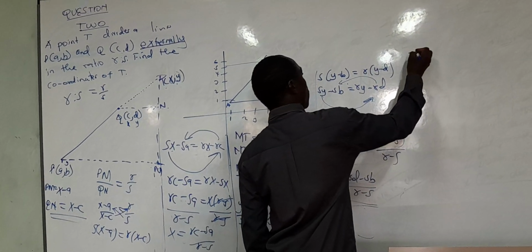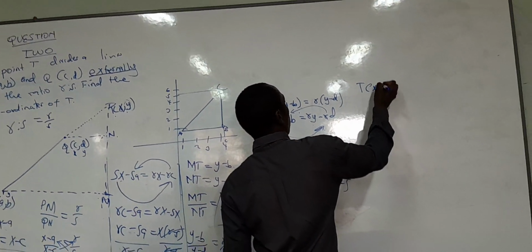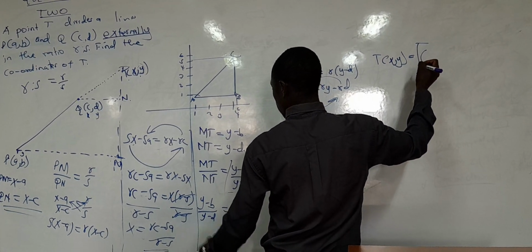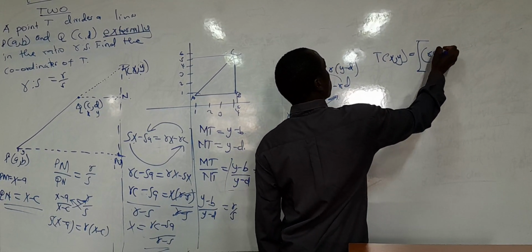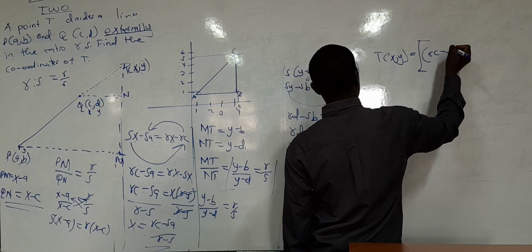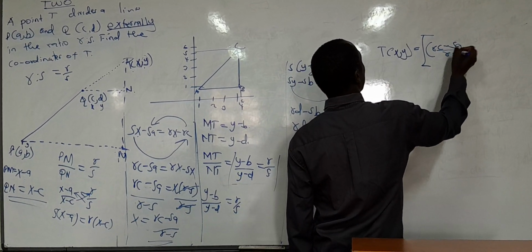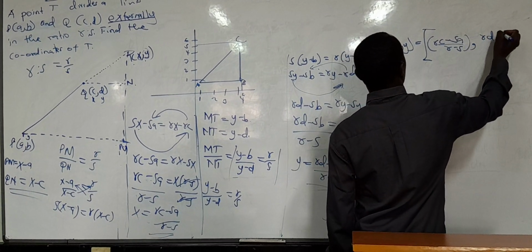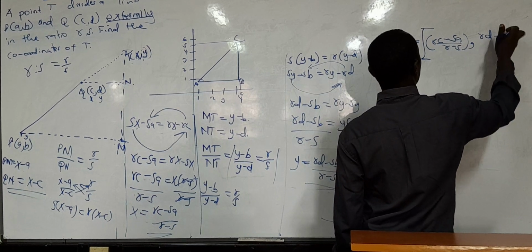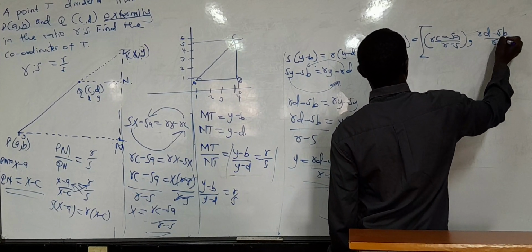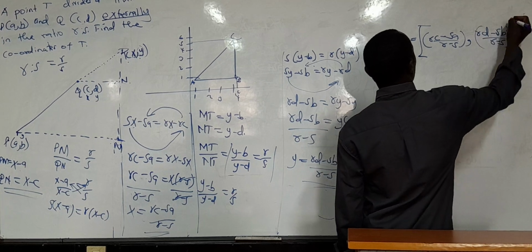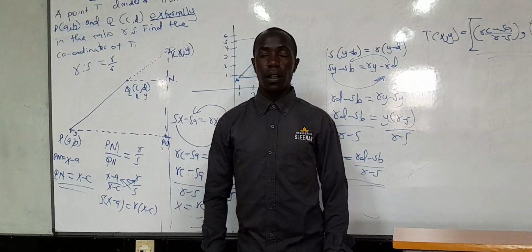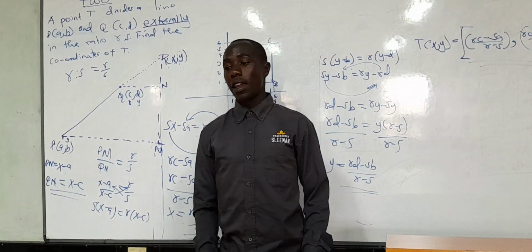So we're going to have point T (x, y) be equal, the first point going to have x as (rc − sa) over (r − s), and the y coordinate will be found as (rb − sb) over (r − s). And that's how we solve the equation of a point that divides a line externally.